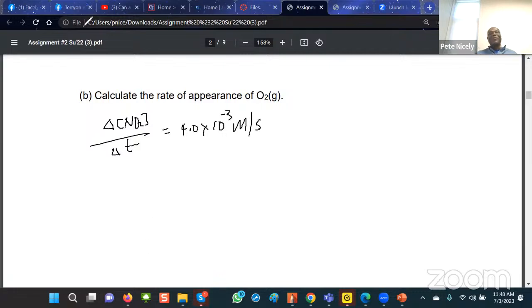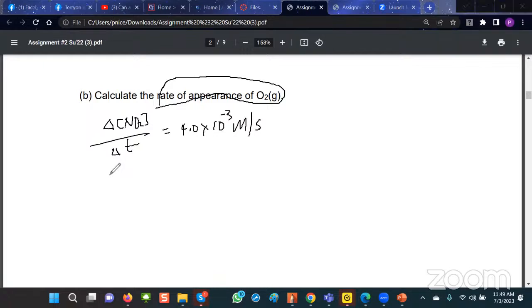So what the question is asking for in this case is the rate of appearance of oxygen. So based on the balanced equation, what is the relationship between the rate of appearance of NO2 and the rate of appearance of oxygen? Four to one.